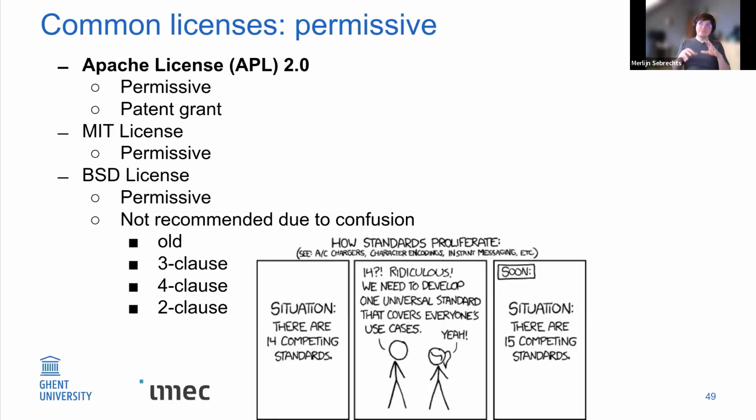And so if you are a software developer yourself and you're choosing which license to use for your software, I would recommend, if you want the maximum number of people to use your software, go for either the Apache license or the MIT license. Do not go for the BSD license.